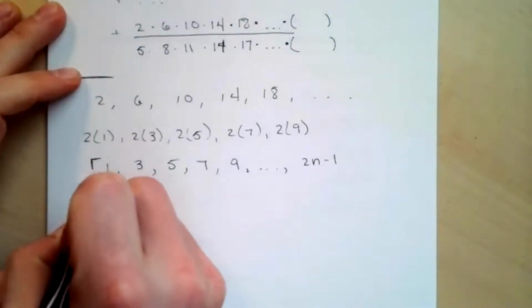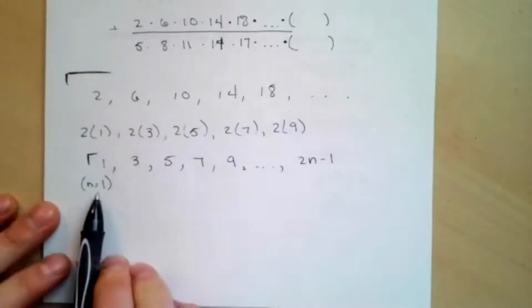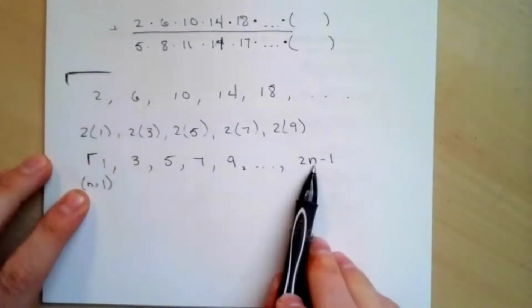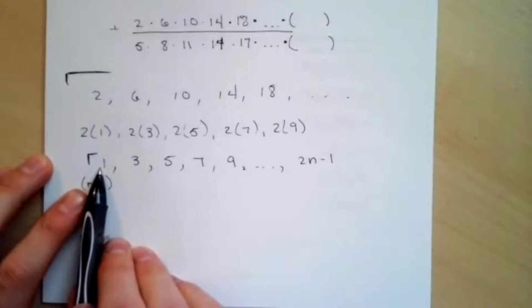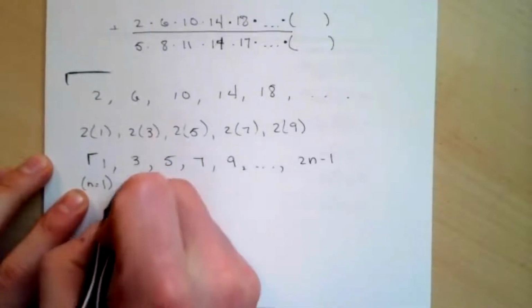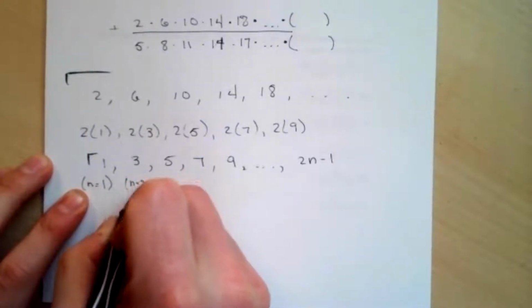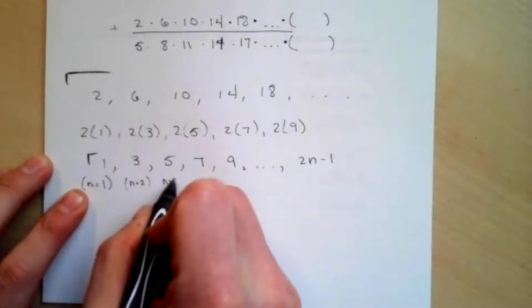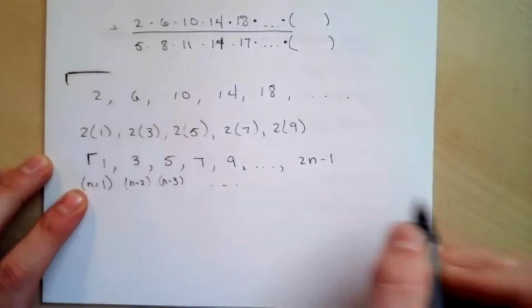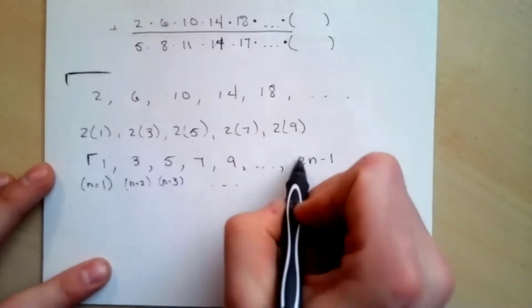And so here, this is our n equals 1 term. If we plug in n equals 1 into this formula, we get 1, then n equals 2, n equals 3, and then it goes up. And of course, this is our nth term.